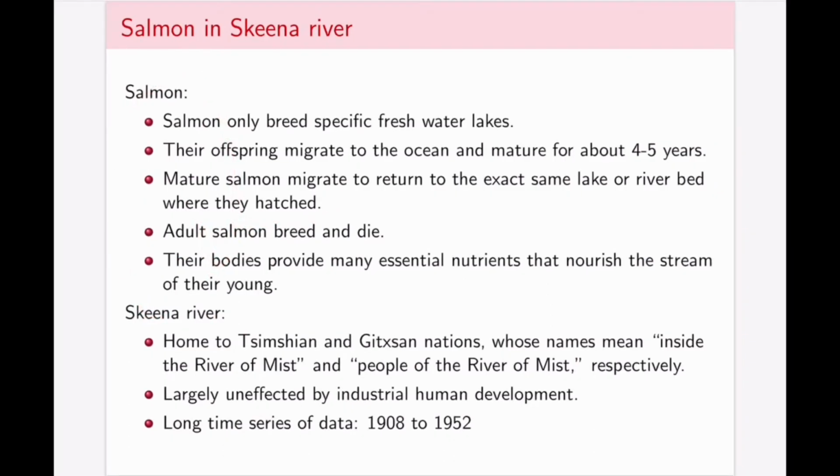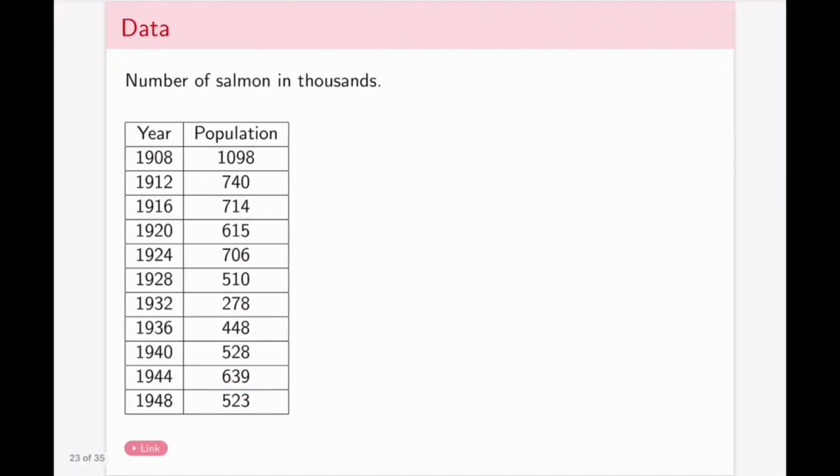Skeena River is home to the Tsimshian and Gitxsan nations, whose names are beautiful, meaning inside the River of the Mist and people of the River of the Mist. Because Skeena salmon is of high importance to indigenous people, and because the area has been mostly unaffected by the industrial human development in the early 1900s, we have very good data on the salmon population and how it actually reproduces and what that means for salmon numbers without a lot of industrial human intervention.